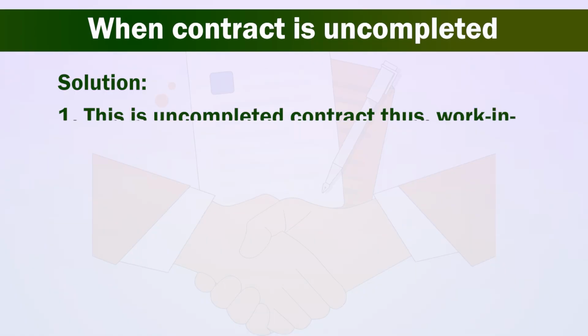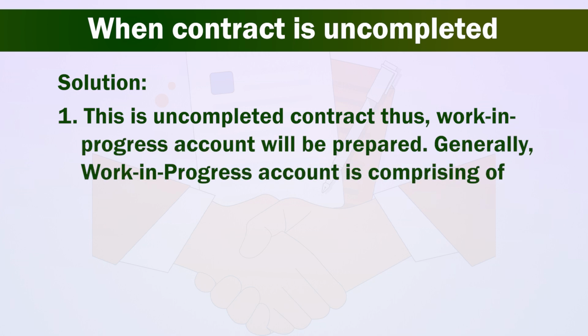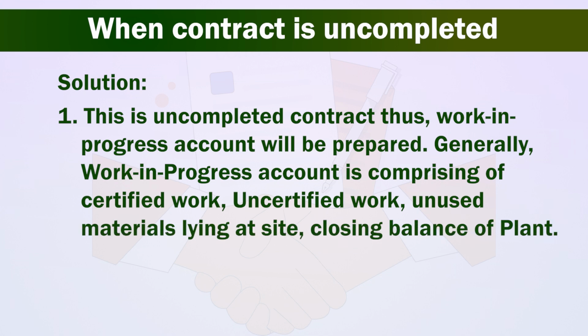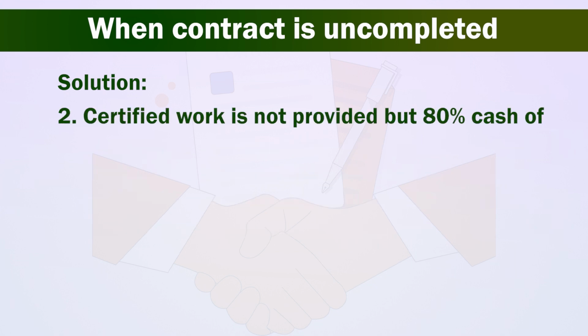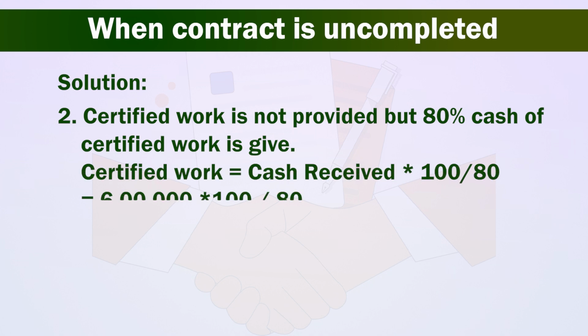This is uncompleted contract, thus work in progress account will be prepared. Generally, work in progress account comprises certified work, uncertified work, unused materials lying at the site and closing balance of plant. Certified work is not provided, but 80% of cash certified is given.